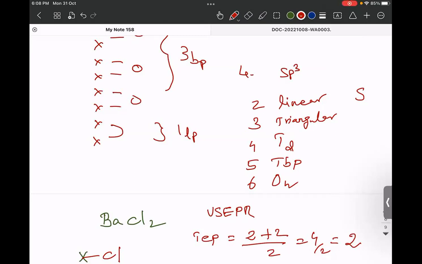In the same way, hybridization, first you should know that it is purely theoretical. There is no experimental proof for it. But for bulky, polyatomic molecules, if you want to know the shape of the molecule, you can determine it through hybridization. Simple process.